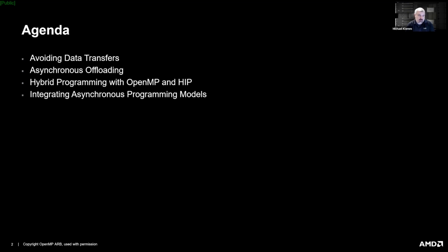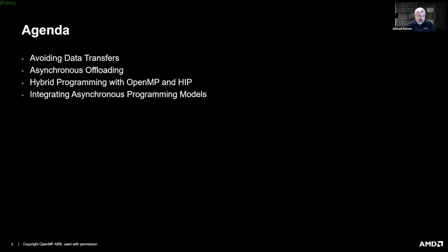And then, integrating asynchronous programming models. Let's see if I can get to it. If not, I'll be happy to share some insight also over email. This is more meant to talk to something like HIP from another OpenMP angle.